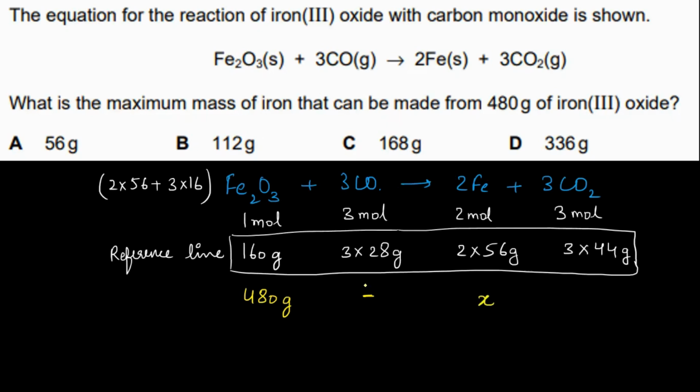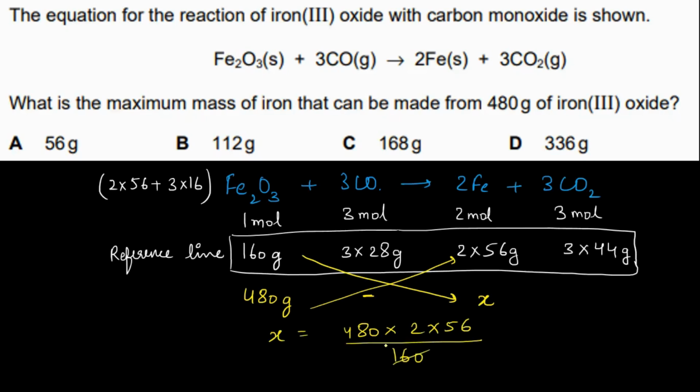Let's suppose this is X. Using the unitary method, X is equal to 480 multiplied by 2 into 56 divided by 160. If you calculate this, it comes out to be 336 grams. I hope you understood this.